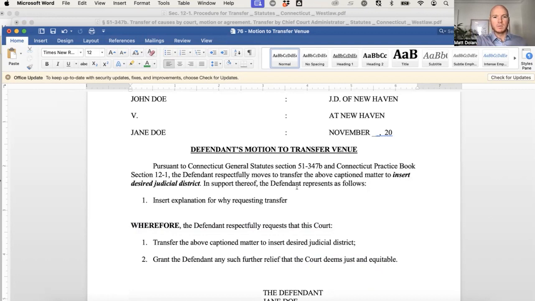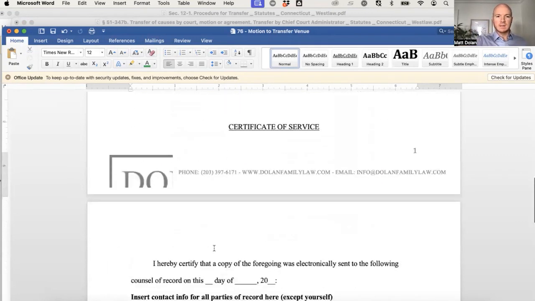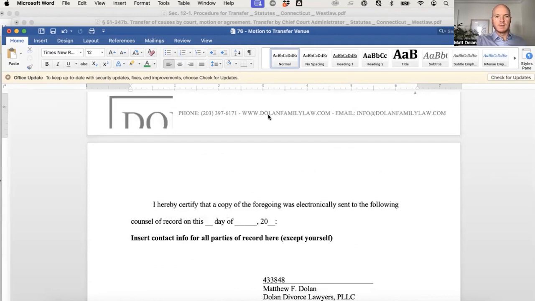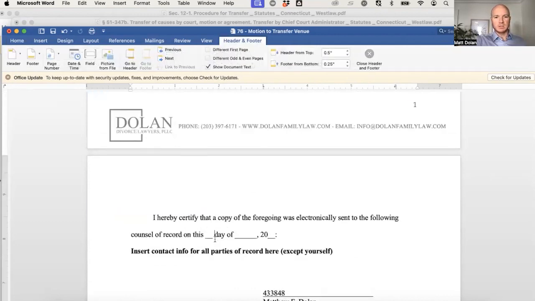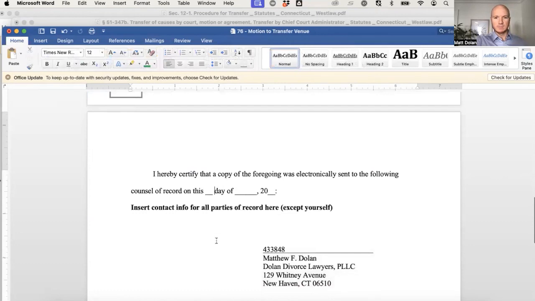And in support thereof, the defendant represents as follows. So you have to put an explanation of why you are seeking the transfer to the new jurisdiction. So this is a sample motion. And then obviously you have to put a certification and give notice to the other side.